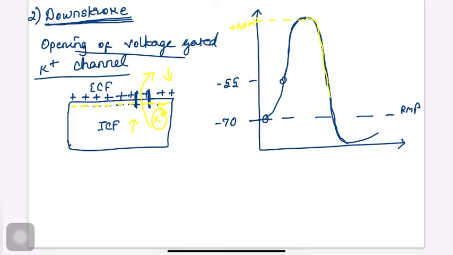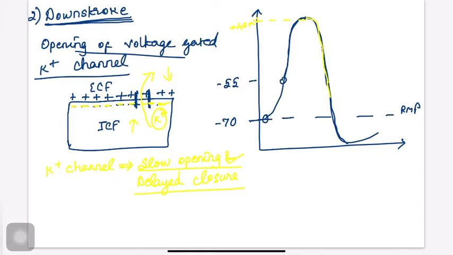As we already mentioned, the potassium channel has a peculiar characteristic. What is the characteristic of the potassium channel? It is a slow opening and delayed closure channel. What is meant by slow opening and delayed closure? First, slow opening.